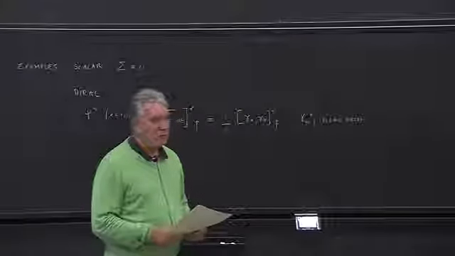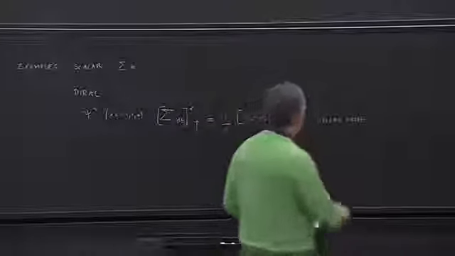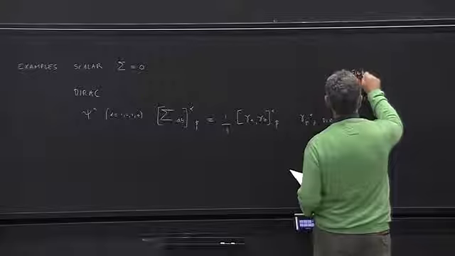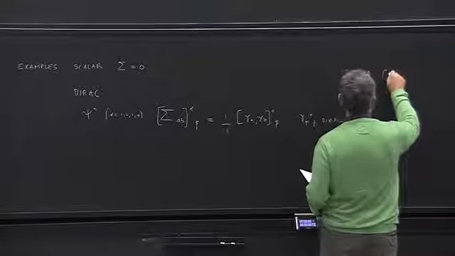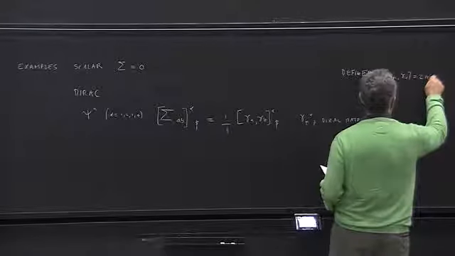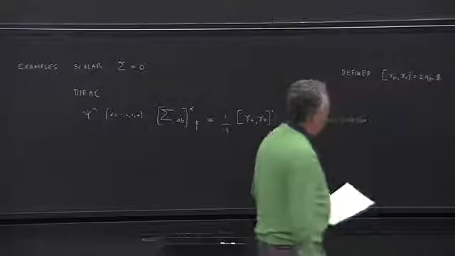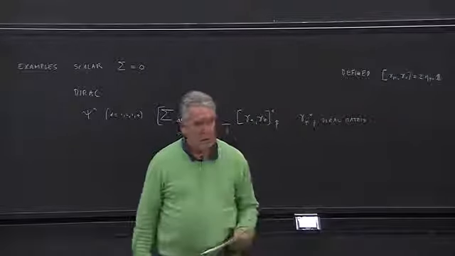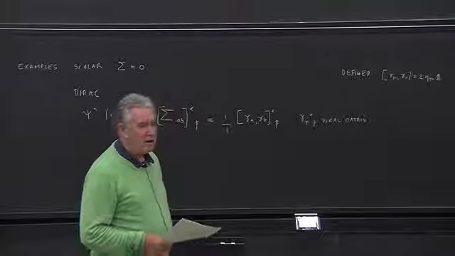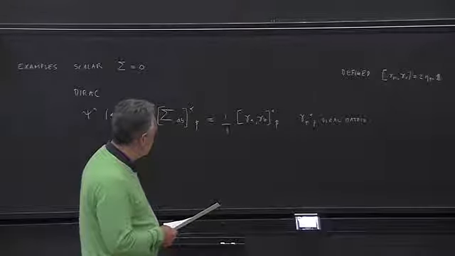Anybody not met Dirac matrices? Okay. They're defined by the anticommutator of gamma mu, gamma nu equals twice eta mu nu times the unit matrix. Now, why did Dirac invent matrices like this? It's because he wanted a relativistic equation for the electron, which we'll write down in a moment.